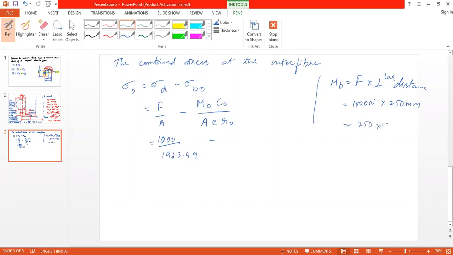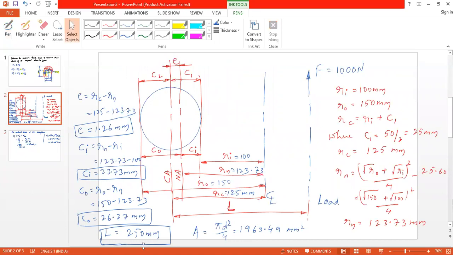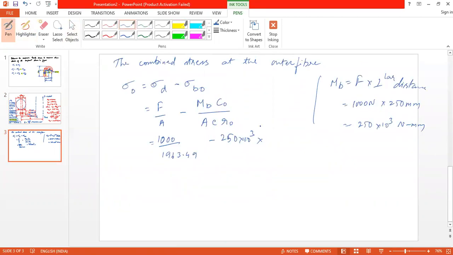So it is 250 into 10 power 3 Newton mm. Multiplied by what is C naught? C naught is 26.27 mm, divided by area.